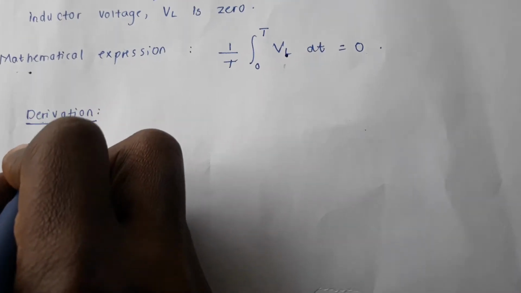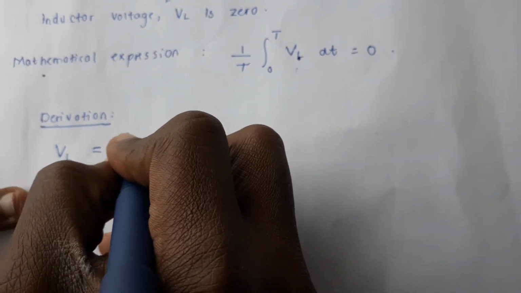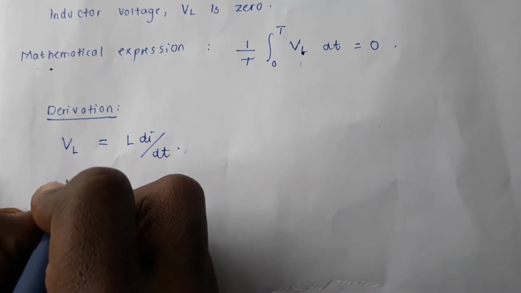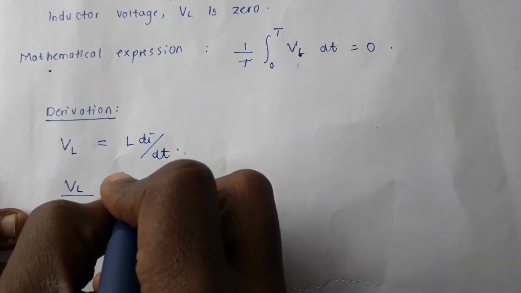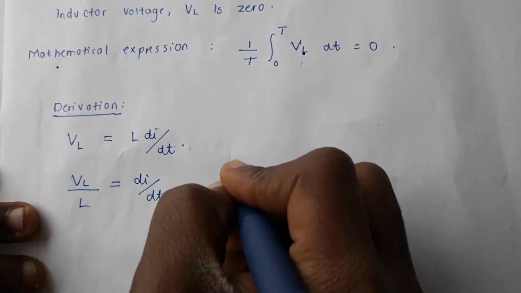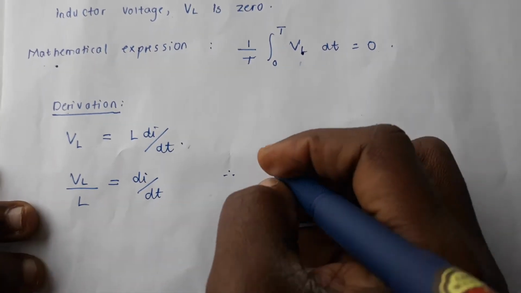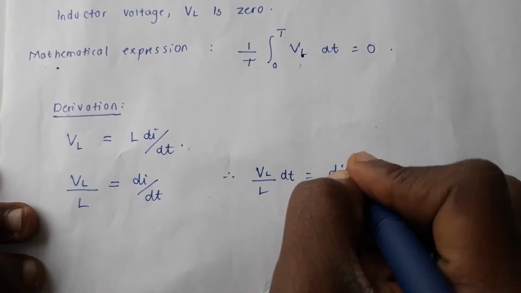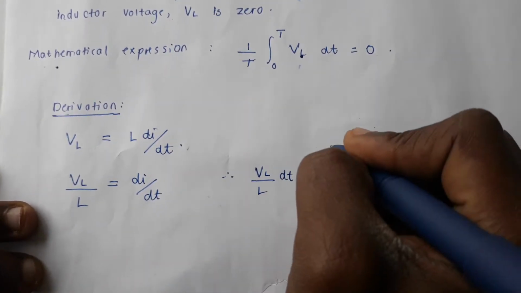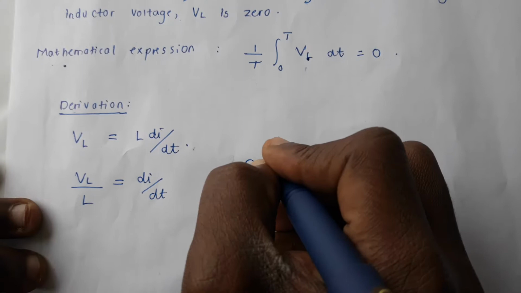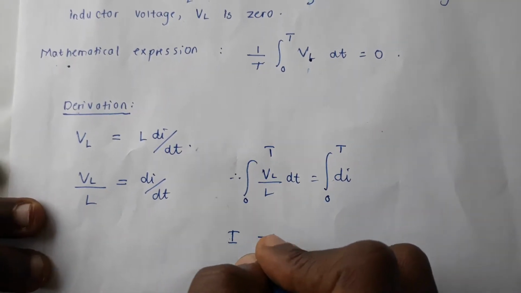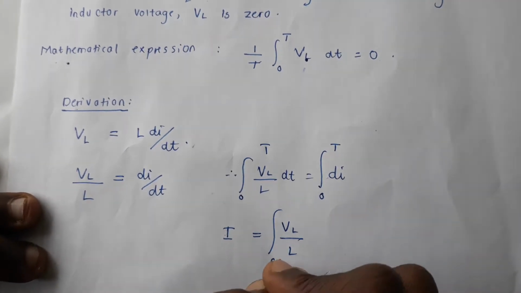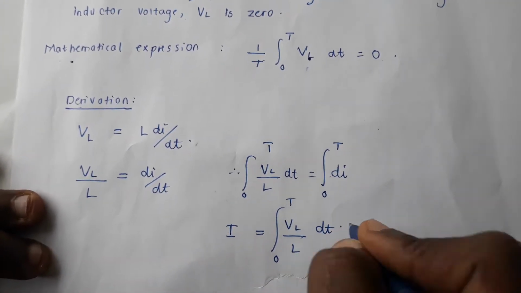We start from VL given as L di over dt. In which case we can write VL over L is equal to di over dt. In a similar manner, VL over L dt is equal to di. Then integrating both sides over a complete period, we have I given as VL over L integral from 0 to T dt.